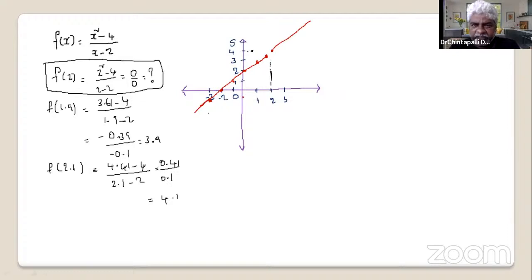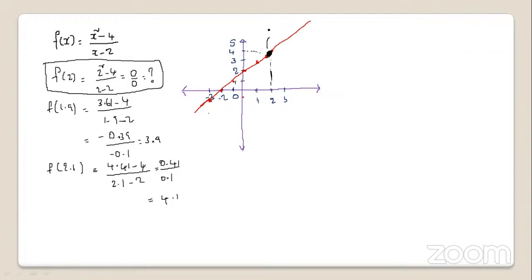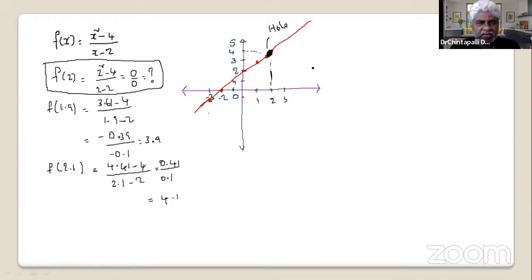For 2, it is not possible. So it is not correct to continue this. Very clearly, it is a hole. So this function has a hole at 2.